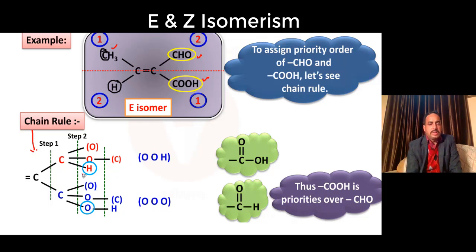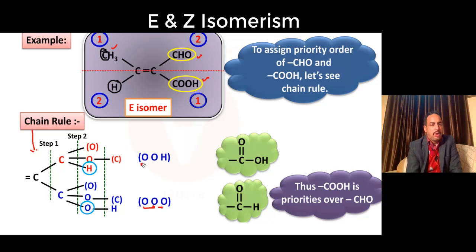In COOH, there is a duplicate with the oxygen for the double bond, and one OH is present.